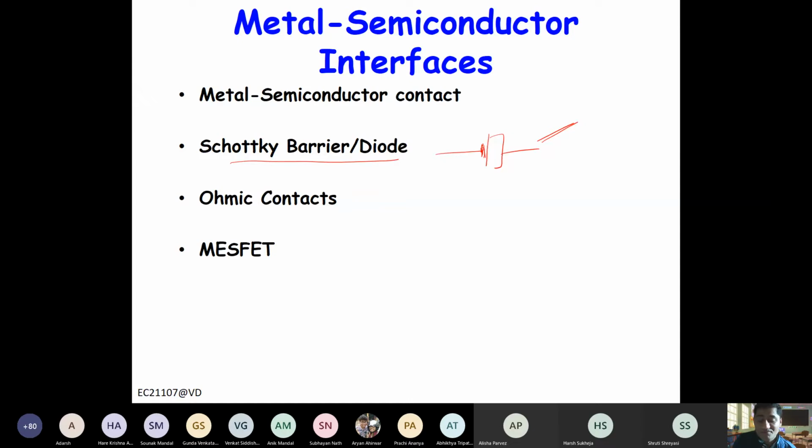Also, as you will see later on, there is no problem of minority carriers there. It's a majority carrier device, so it will have high speed also. And then of course we should be able to form ohmic contact to connect the semiconductors to the outside world, the wires. There is another device based on this called MESFET, metal semiconductor field effect transistor.